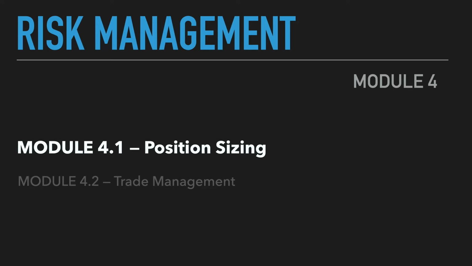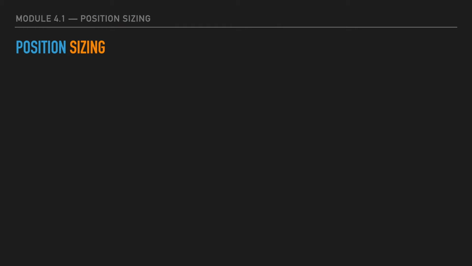If you're a beginner, you need to pay extra attention to position sizing, because the number one reason for traders to blow up their trading accounts is not because they enter the trades at the wrong price, but because they have the wrong position sizing. I'm really excited about this module and sharing extremely important position sizing techniques to help your trading, because I believe it can bring tremendous value to your trading and even save some of you from self-destruction. Alright, let's get started.